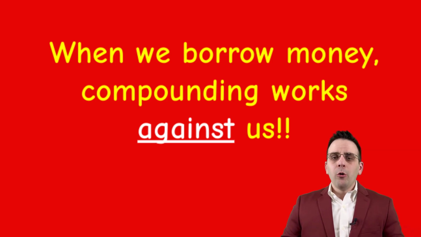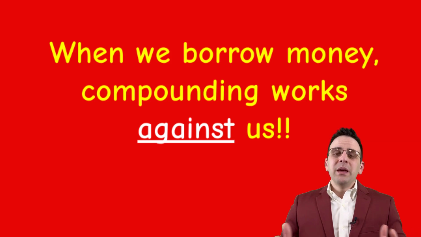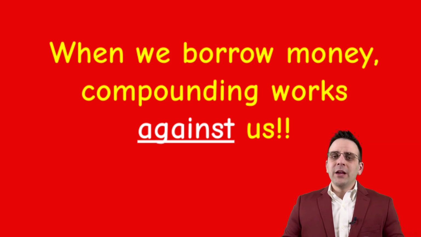When we borrow money, compounding works against us because the amount of interest we will pay grows the longer we don't pay it back. Say that with me one more time.